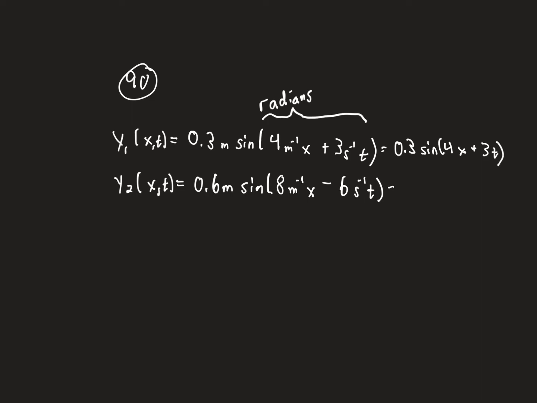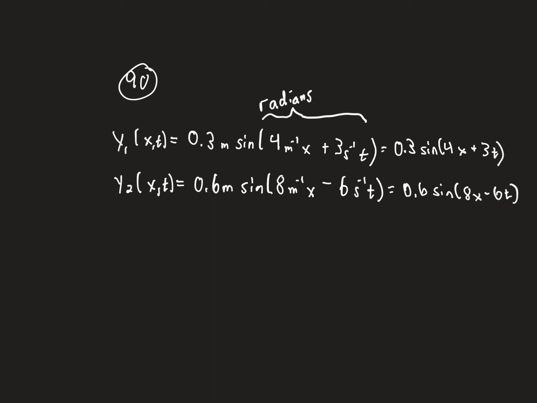So we can do the same thing with the second, y2. It's going to be 0.6. I get rid of the units just because they look confusing to me. So I do sine of 8x minus 6t. So these are my two equations for my two wave functions, these waves traveling along a string.